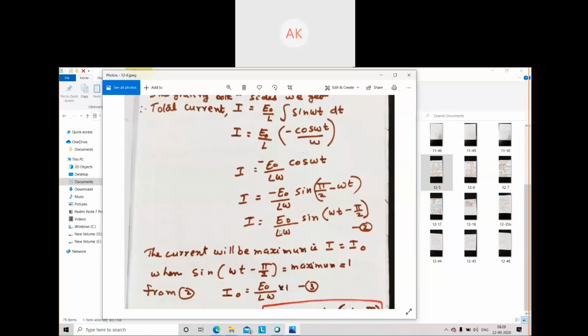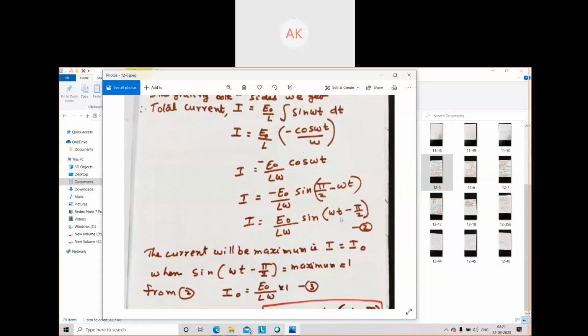Why does this become I0? You know how this becomes I0? Because the current will be maximum, that is the peak value of current, and it is represented by I0. According to this equation, when do we get maximum current? When omega t minus pi by 2 takes its maximum value.